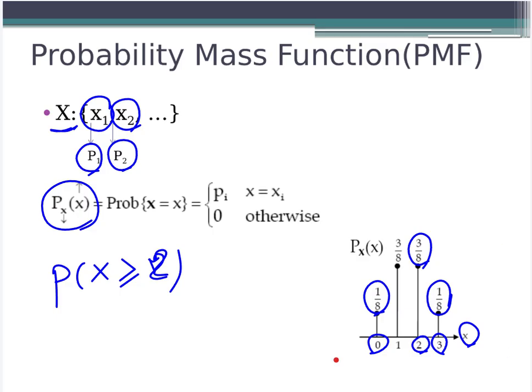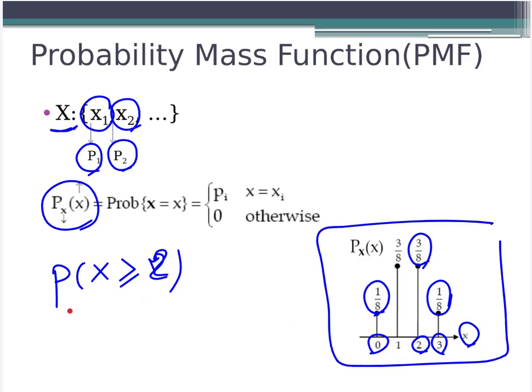We use the PMF to compute this probability. How can we compute it using this PMF? We want to compute the probability that random variable X, whose PMF is like this, is greater than or equal to 2.